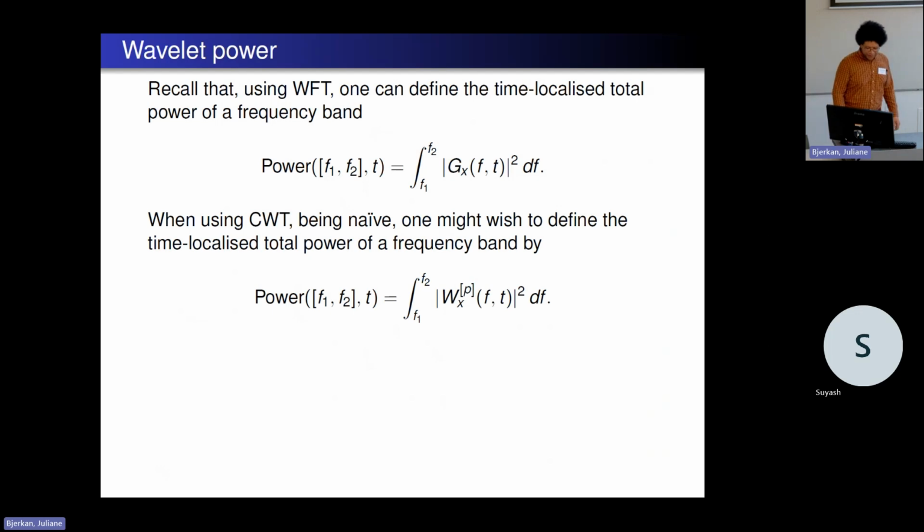If instead I'm using the wavelet transform, and I want to define the power of a frequency band, the naive thing to do would just be to replace the windowed Fourier transform with the wavelet transform. Can anyone see a potential problem that might arise with this? Especially if I'm interested in comparing the power across different frequency bands.